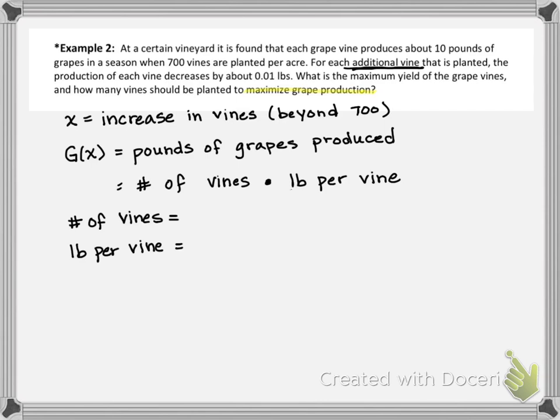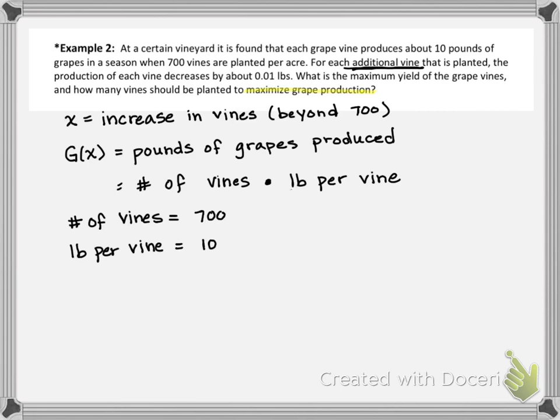When I write these expressions, I usually do them together. I've got a starting point: each vine will produce 10 pounds of grapes if I plant 700. So my starting point for the number of vines is 700, and pounds per vine is the 10 that corresponds to it.